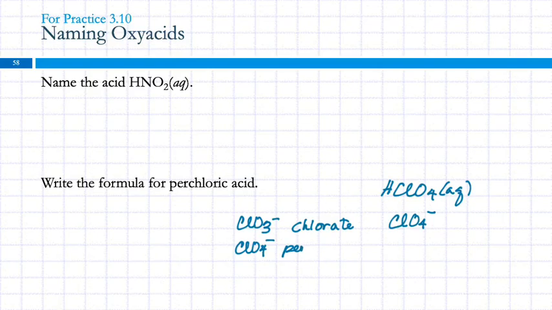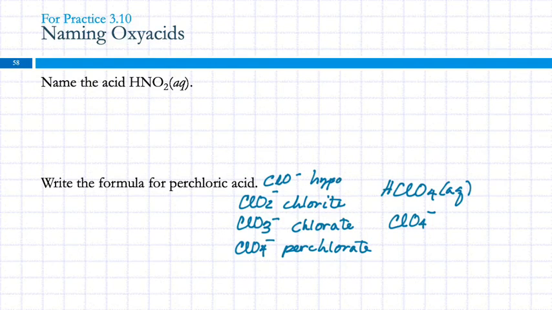So this is the perchlorate. ClO2 minus is chlorite, the light version. And ClO minus is hypochlorite.